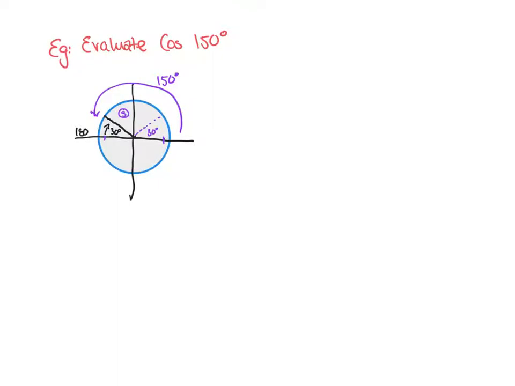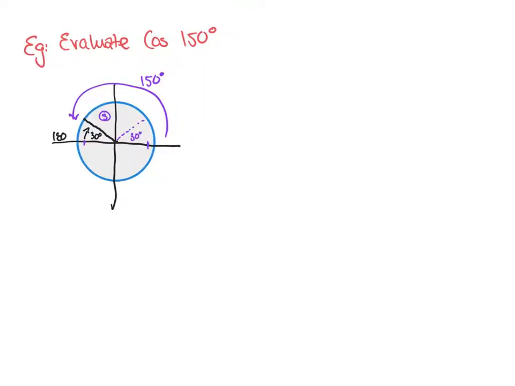So really, you can essentially say that cos 150 degrees is equal to cos of 180 minus 30, which we know is equal to negative cos 30. So it's the same as cos 30 but negative. So you can then use your hand trick and you think, oh, I need the 30 degrees one.